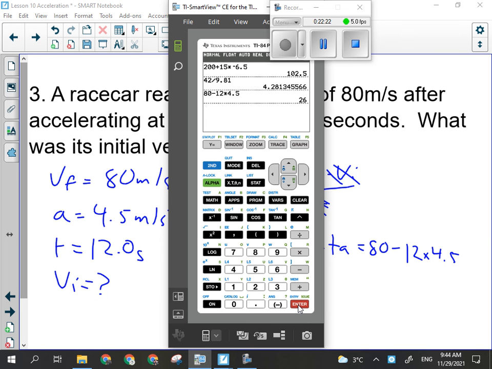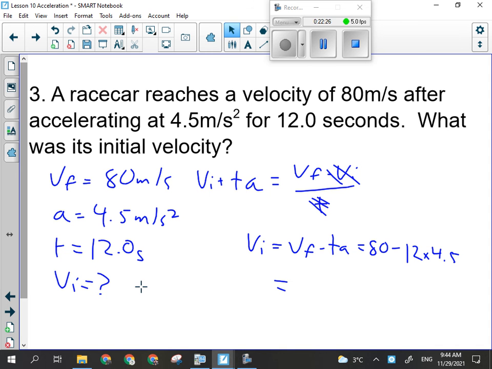Alright, so we're getting an initial velocity of 26 meters per second, and that would be positive. Everybody okay with that?